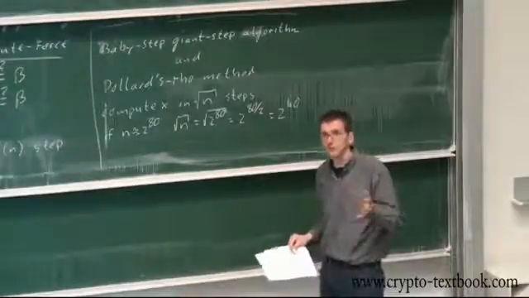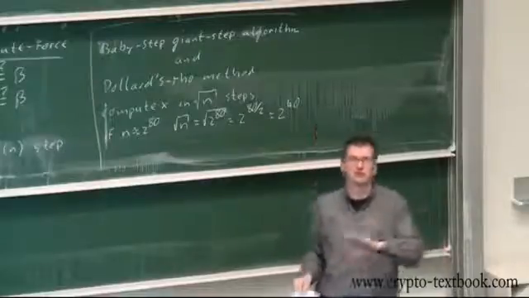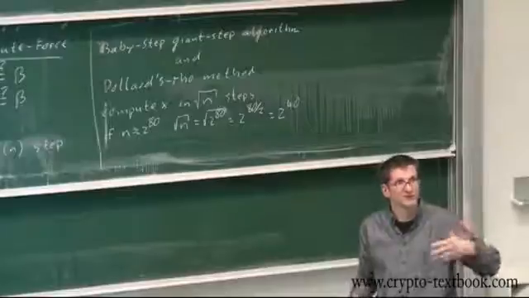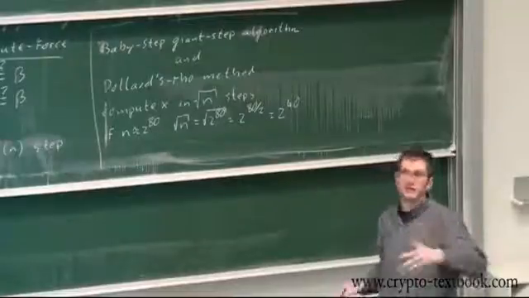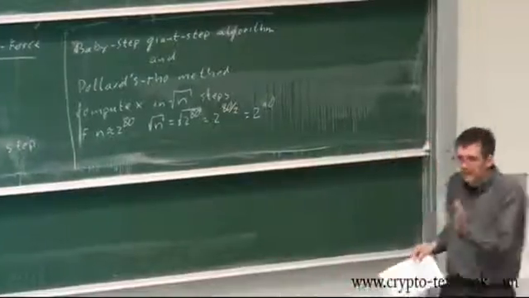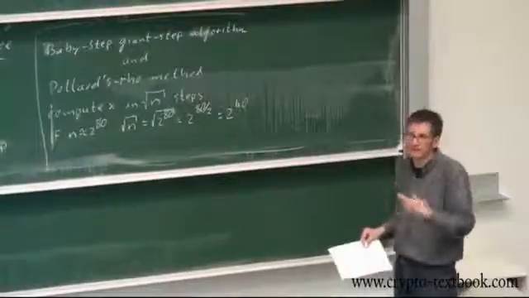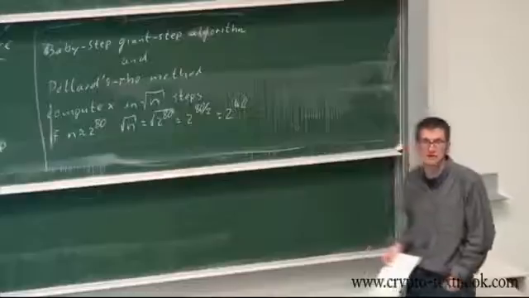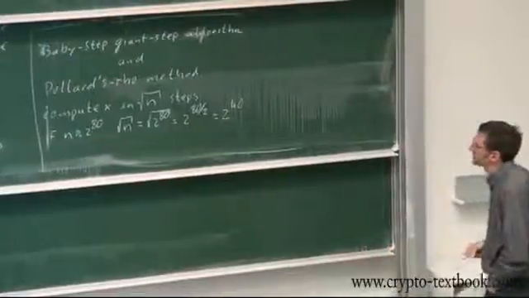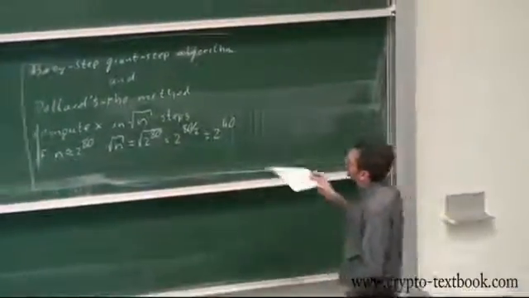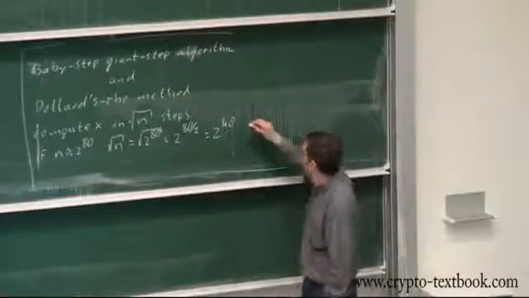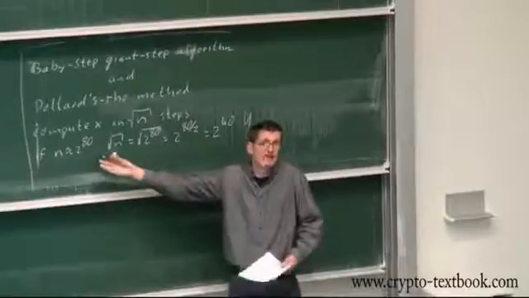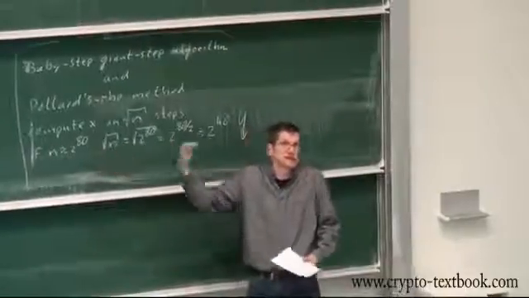Your laptop can do between 2 to the 40 and 2 to the 50 loop iterations with a little bit of computation. Depending on the details, you can probably do that in a few minutes on a standard 2 gigahertz Intel laptop. This is bad. That means 80 bits is too short because there are better attacks out there.